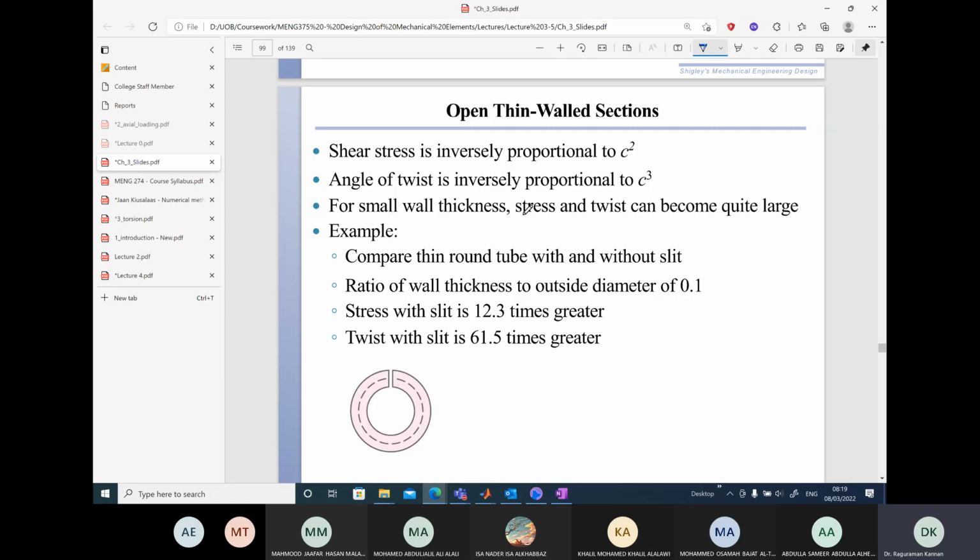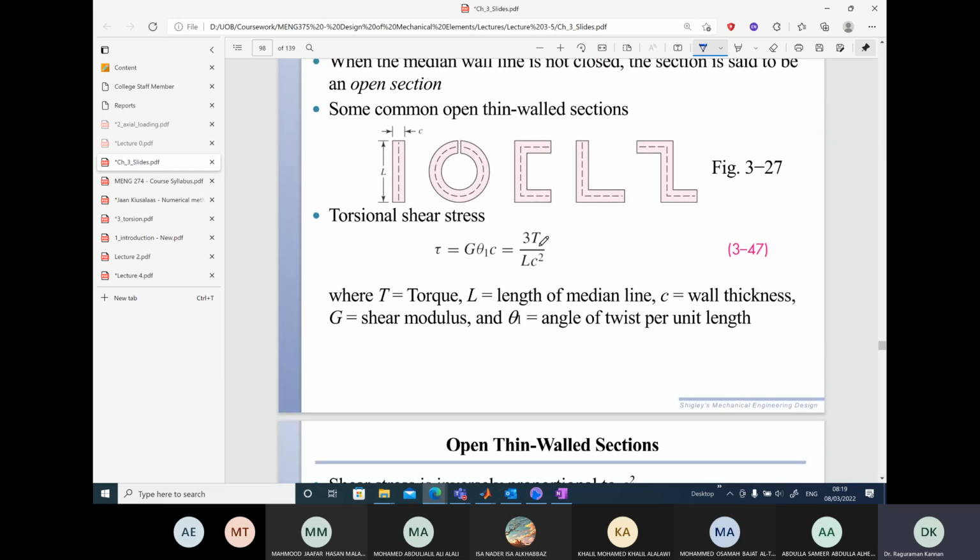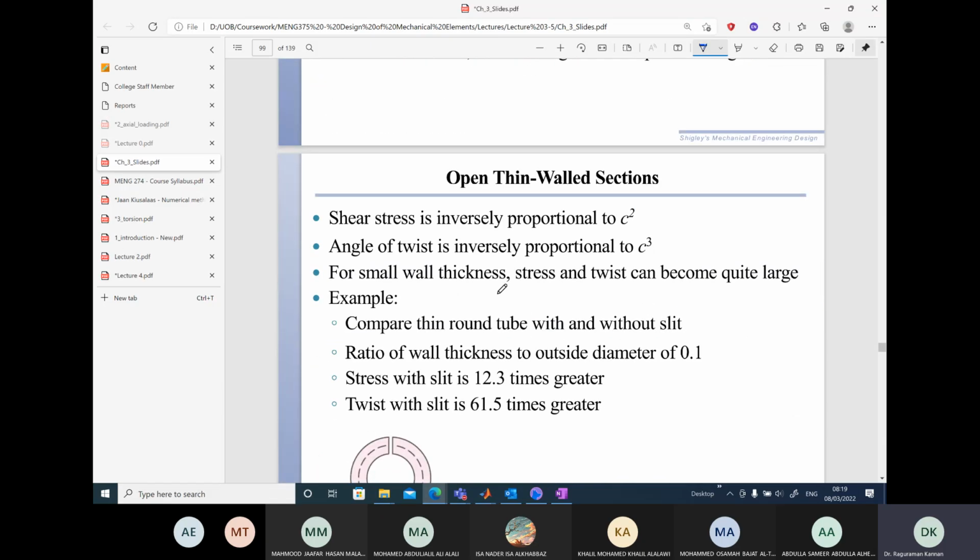For small wall thicknesses, stress and twist become quite large. We can see that as C gets smaller and smaller, especially if C value is less than 1, the shear stress will increase, the tau value will increase, and the twist also will increase.